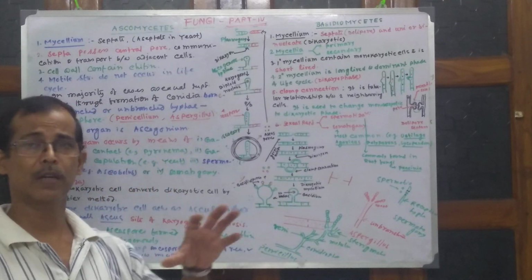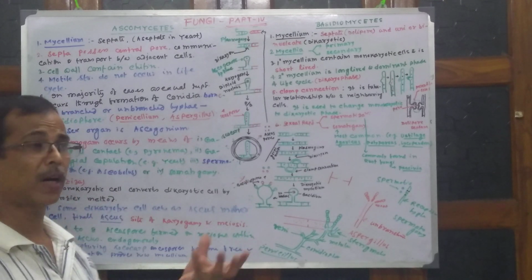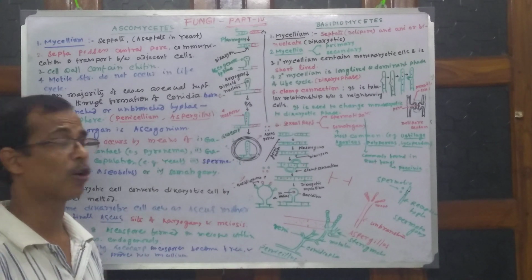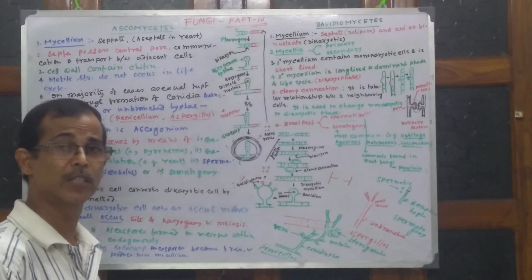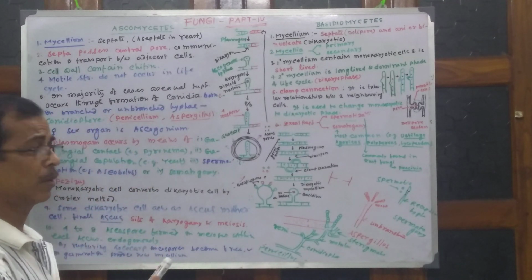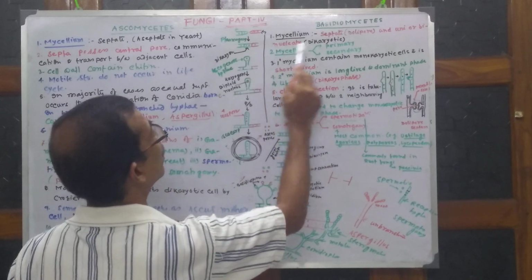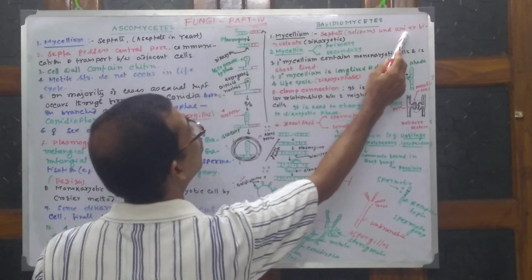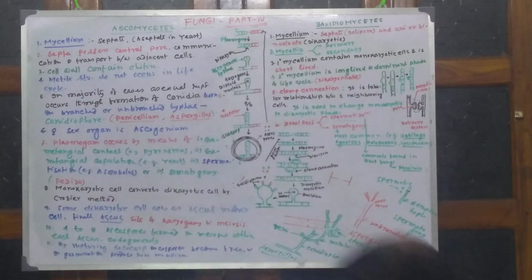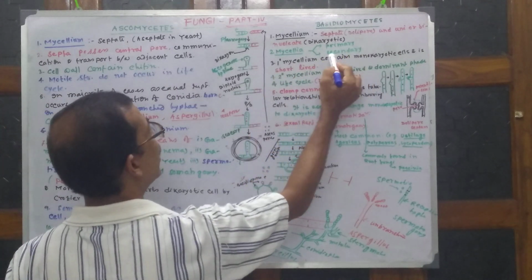Rust means Puccinia graminis, responsible for rust disease of wheat; smut includes Ustilago nuda and Ustilago maydis, responsible for smut disease of maize, that is corn, etc. Next, mycelia are septate, with dolipore, and uni- or binucleate, that is monokaryotic or dikaryotic.